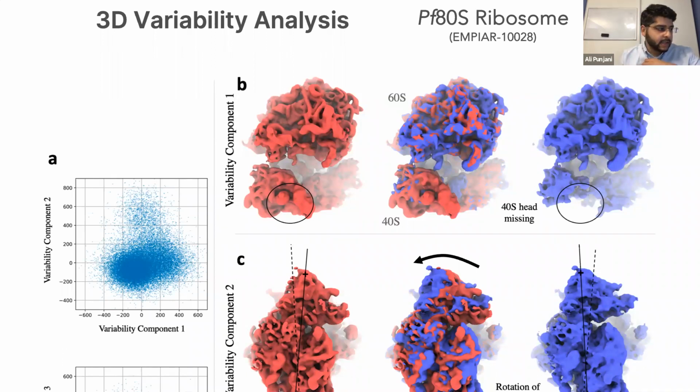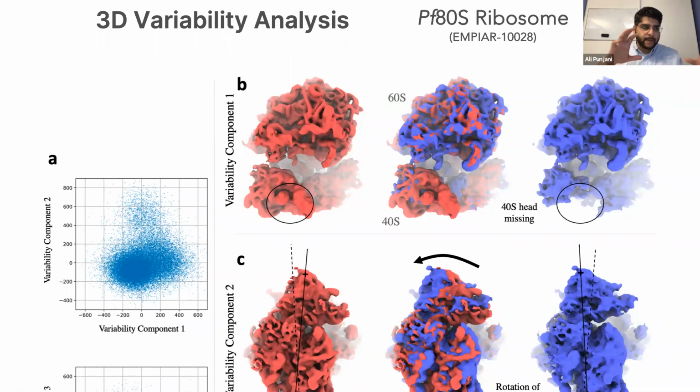The reason is that the variability components are only capturing what are essentially eigenvectors or subspace directions in the linear subspace model. But it's perfectly possible for a particle image to have some amount of each of the variability components.